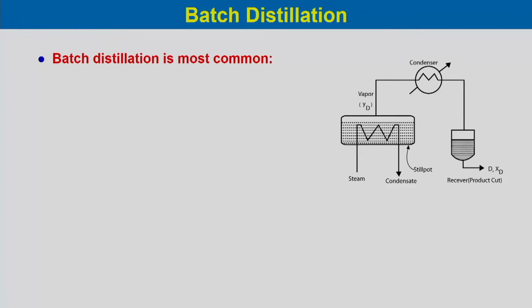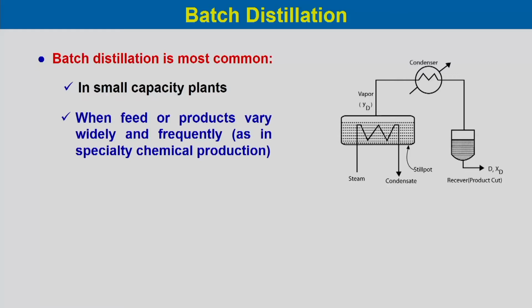Batch distillation is most common in small capacity plants, not everywhere. If you have a very small capacity plant, you may not need a continuous fractionator, and you can use a batch distillation unit. It is also used when feed or products vary widely and frequently, as in specialty chemical production. Specialty chemicals are produced depending on the needs or the availability of the feed.